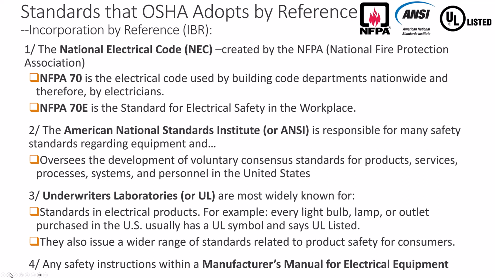And then any manufacturer's manual, you see item number 4 down here, every manufacturer's manual for equipment of any kind, really, but electrical equipment specifically here, can be cited by the Section 5A1 General Duty Clause by OSHA. And so they're all legal documents that are adopted by reference or incorporated by reference, 2 different ways of describing the same thing, by OSHA.